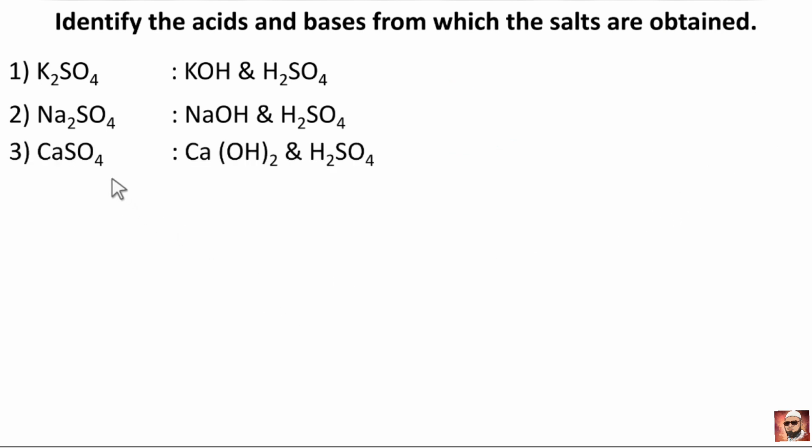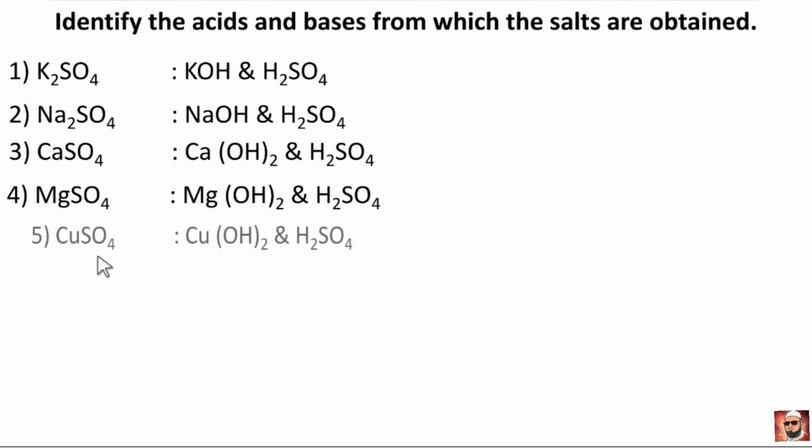If you take the salt calcium sulfate, it is obtained from the base calcium hydroxide, Ca(OH)2, and the acid H2SO4, sulfuric acid. To form magnesium sulfate, we require the base magnesium hydroxide and the acid sulfuric acid. For copper sulfate salt, copper hydroxide and H2SO4 sulfuric acid.